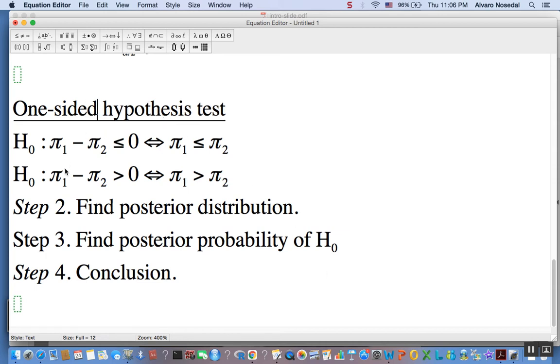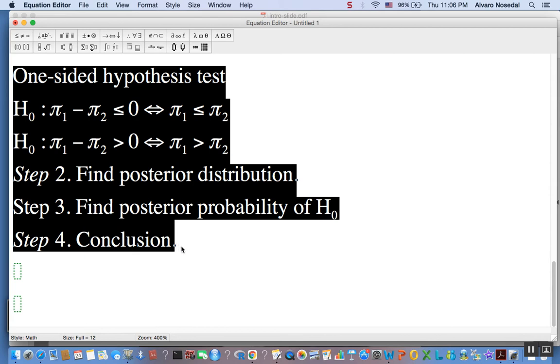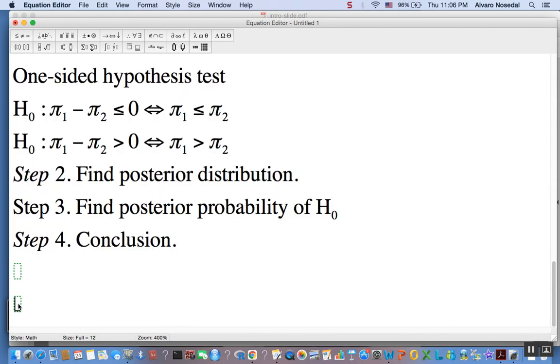Now, on the other hand, if you want to consider a two-sided hypothesis test, meaning something like this, let me copy and paste what we have there.